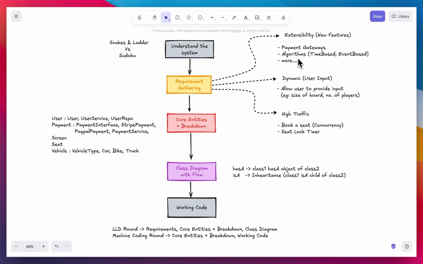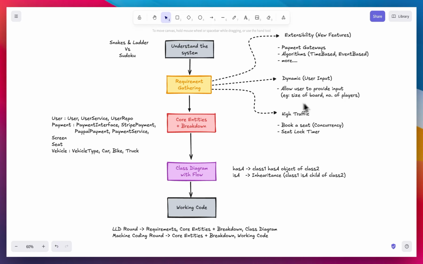Similarly, let's say currently you are charging your customer based on time, but in future you might want to charge your customer based on event as well. So this requirement will also go under extensibility category. The second category is dynamic.